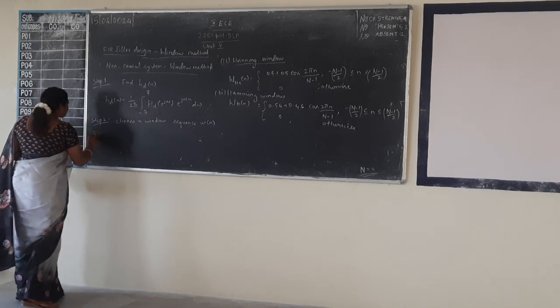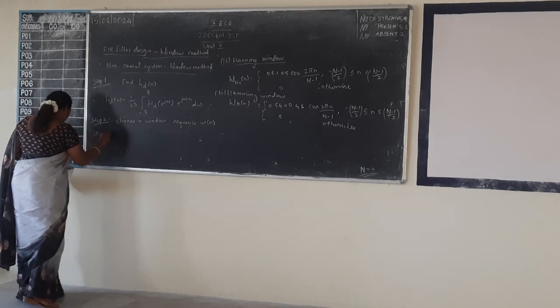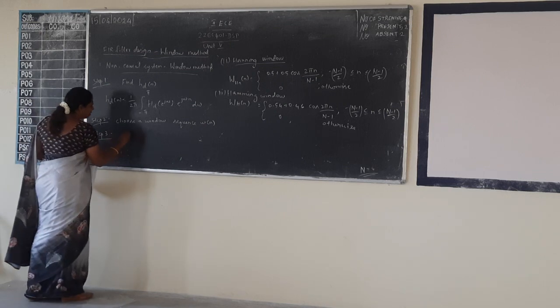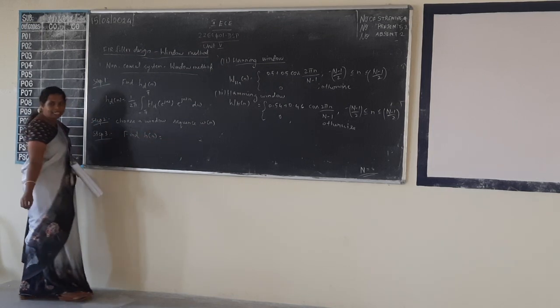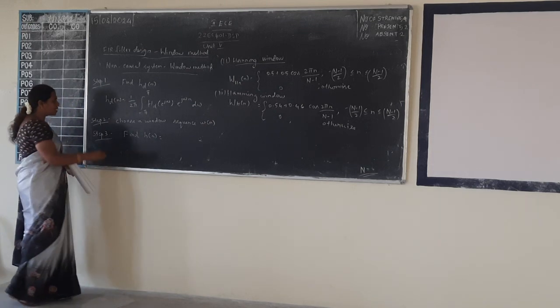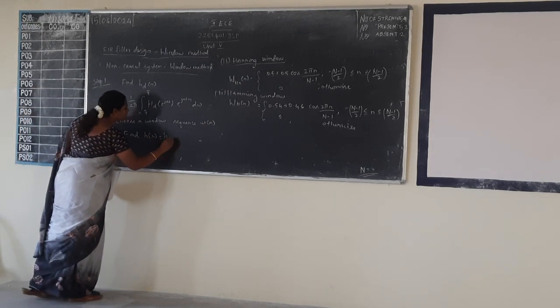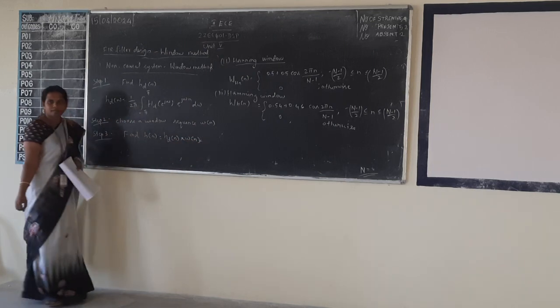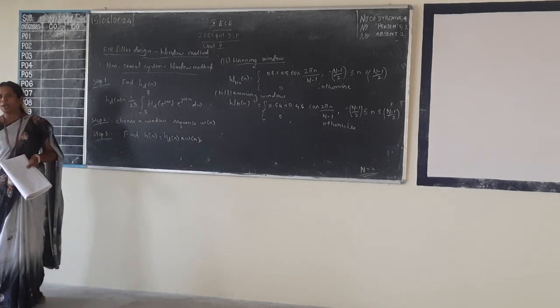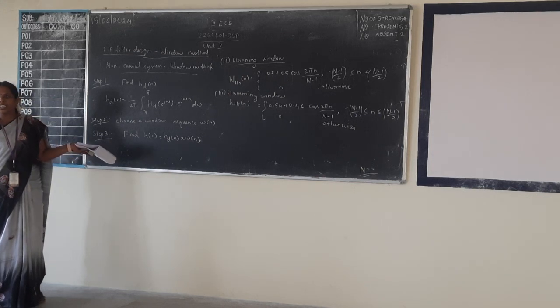And step 3, find h of n. This is the impulse response from the desired impulse response, so h d of n multiplied with the window sequence W of n. h d of n into W of n. Step 3 finished.